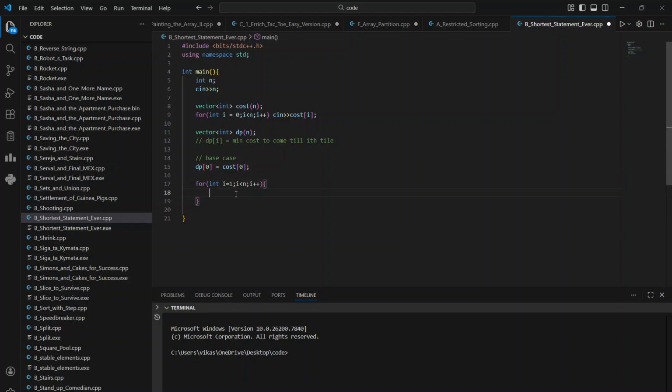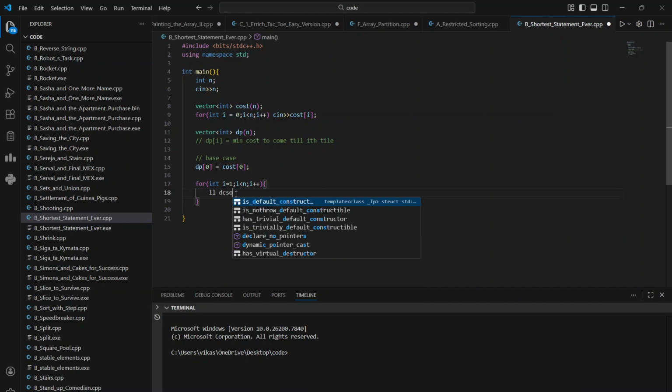What are the transitions? We know that, let's say the cost, let's call it d cost.